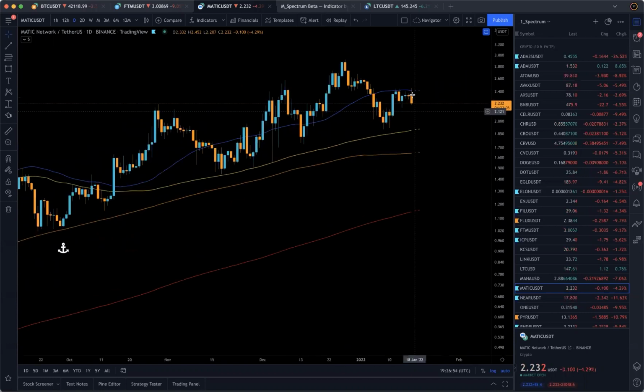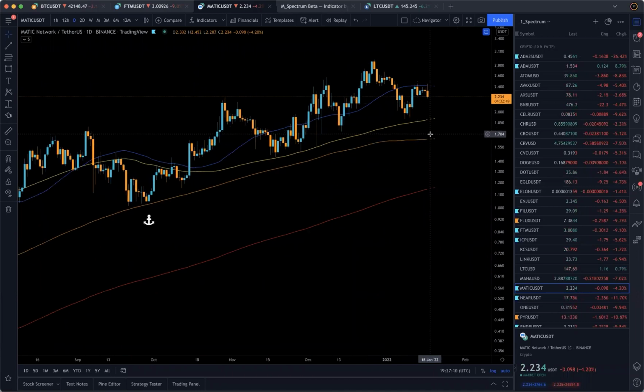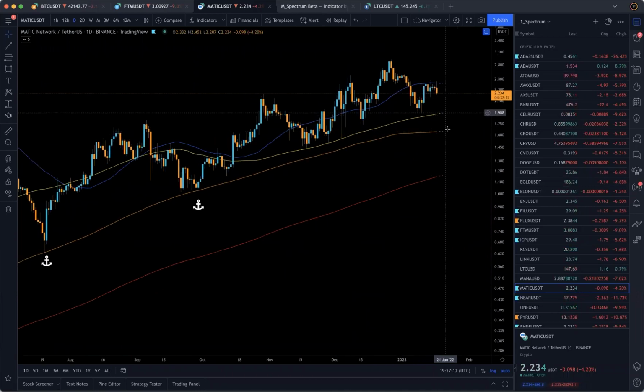And rejection from the blue is not a good sign, but this is not so bad because this depth is not so deep. So this is still okay. What you don't want is touching the yellow again, because then it might break below.